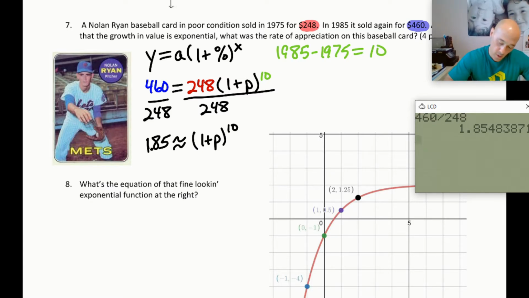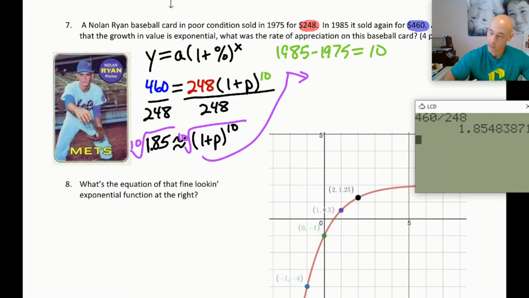Now, in order to undo that 10th power, we're going to need to use the inverse operation of exponents, which are roots. So we're going to take the 10th root on each side there.